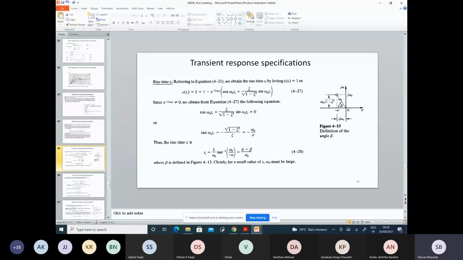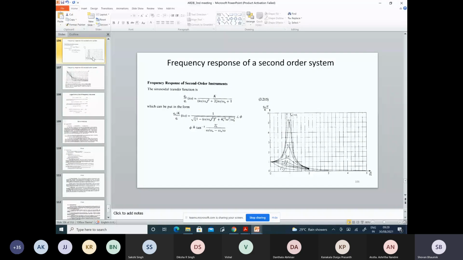So if your zeta is more than 0.7, what will happen is, if you plot the poles and zeros, you will get some complex conjugate poles. And when zeta increases, the complex part comes a little bit closer, and gradually it comes to a single point and then goes away.